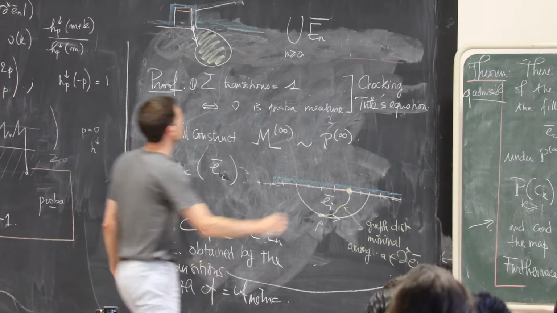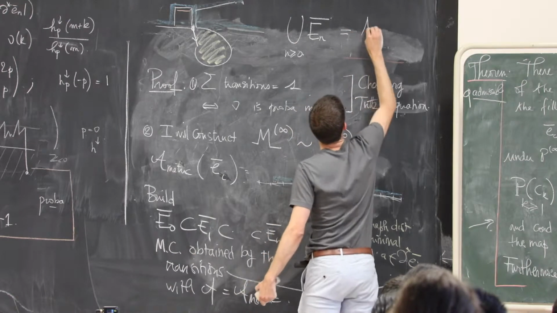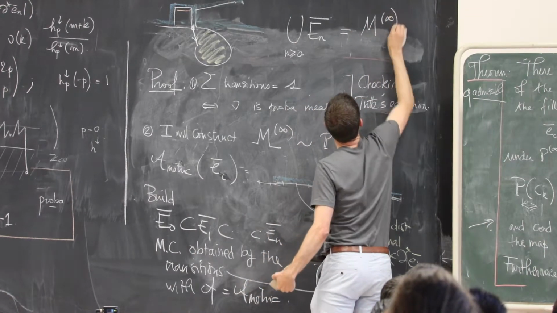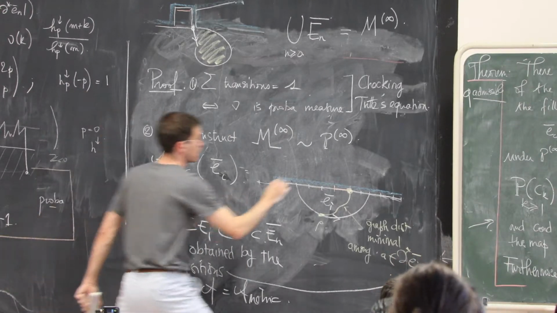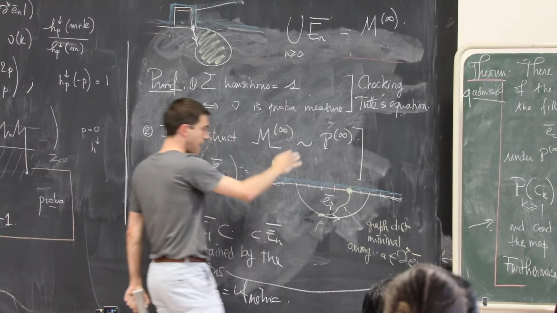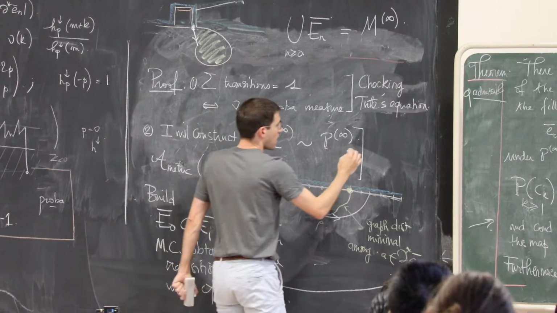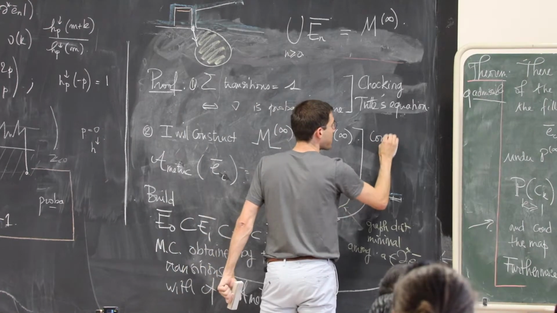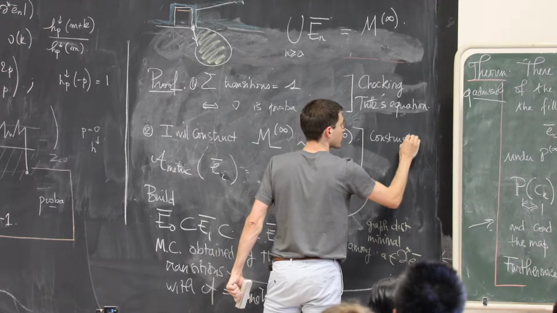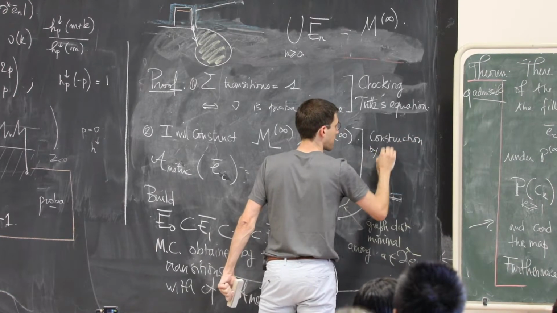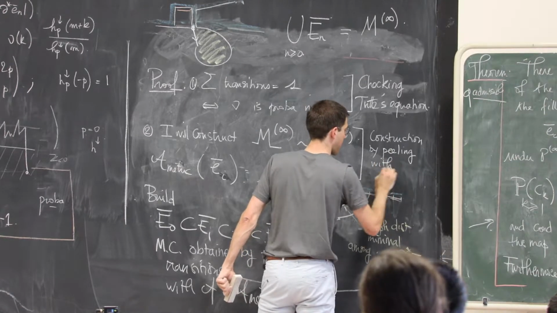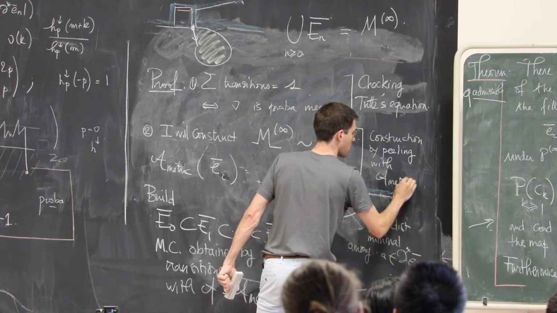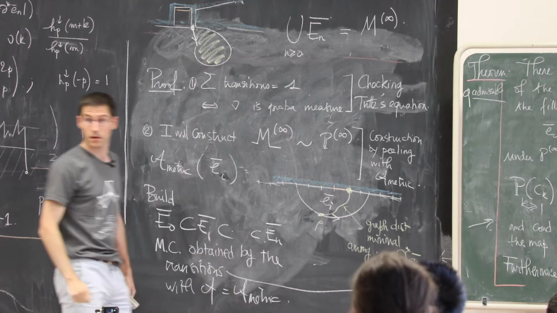And you want to define, okay, this will be my map. I call this step construction by peeling, construction by peeling with a metric. Okay?